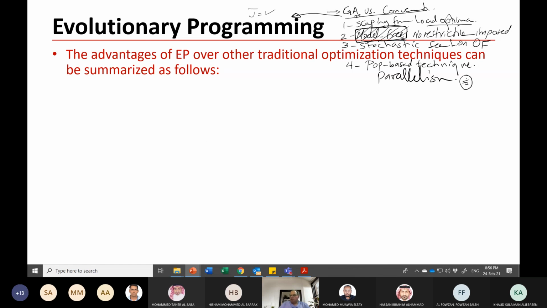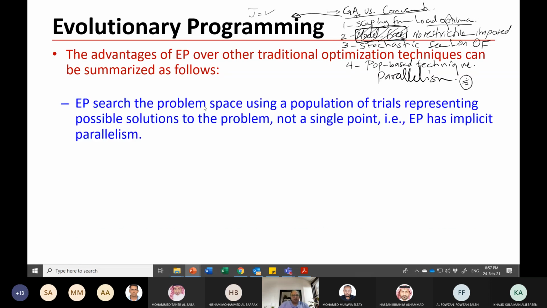Same structure and same family, and this family has such advantages over conventional optimization. Not only evolutionary programming, we have it also for differential evolution, for particle swarm, for others.